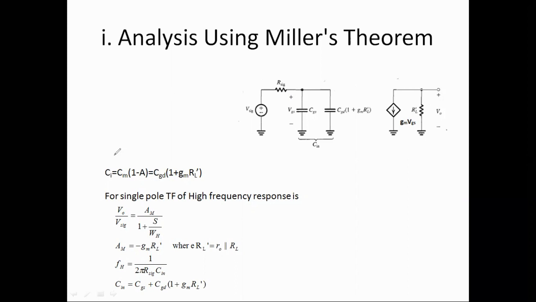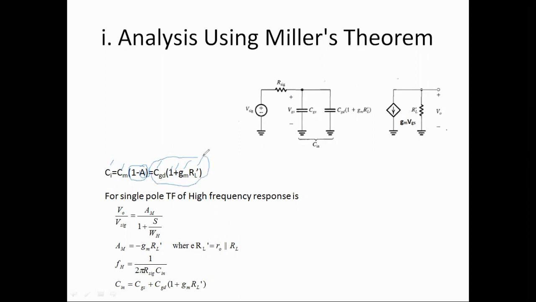So Ci equals Cm, the Miller capacitance, into 1 minus A, where A is the low frequency or midband gain. The midband gain, V0 by VGS, equals minus gm into RL dash, and because it is common source, minus of minus gives CGD into 1 plus gm into RL dash. So the input contribution of CGD is CGD into 1 plus gm into RL dash.